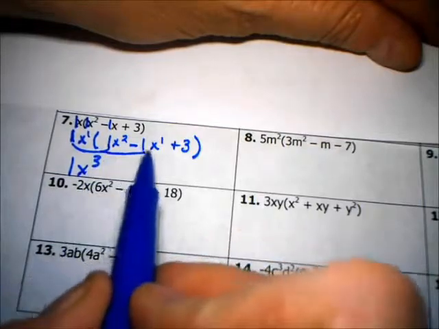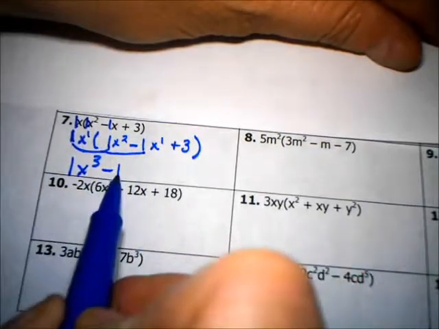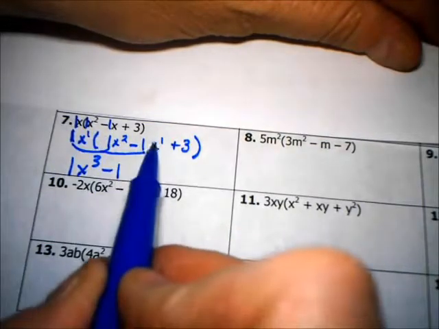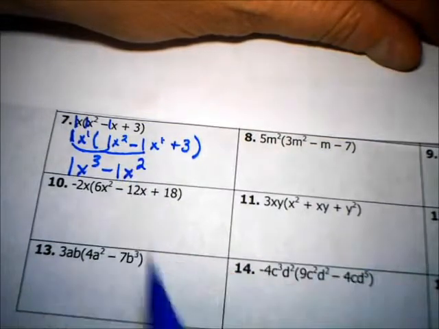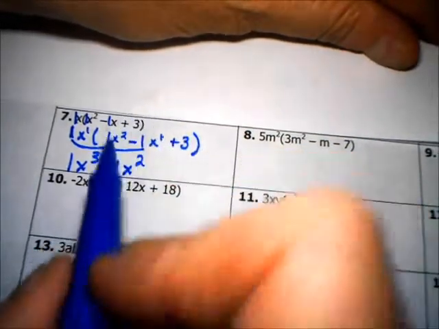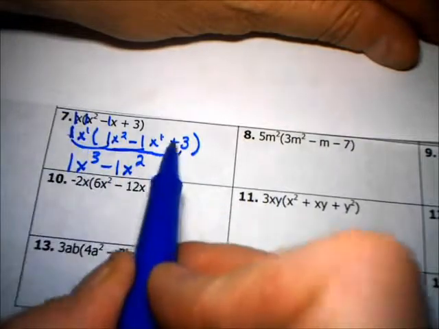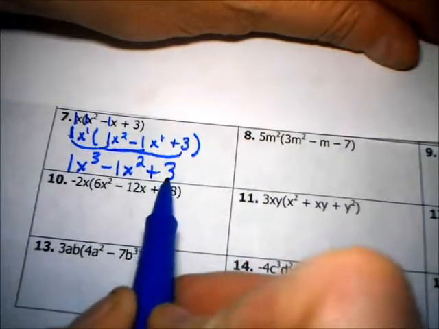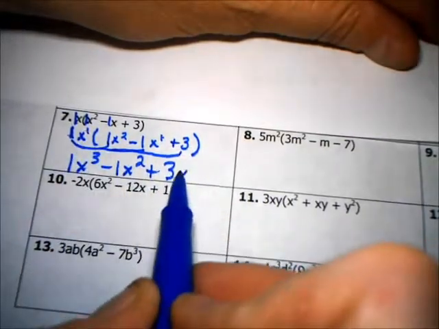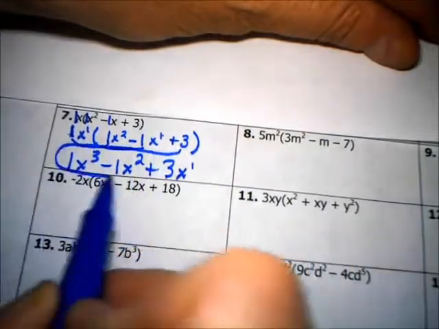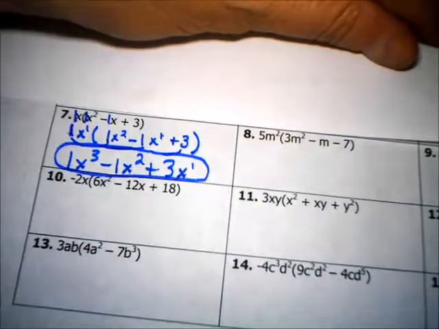If I multiply it times the middle term, 1 times a -1 is -1. But x¹ and x¹, add them up, gives you x². And now multiply it times the last term, 1 times 3, which is 3. x¹ and no x gives you just x¹. And there is your answer for number 7.